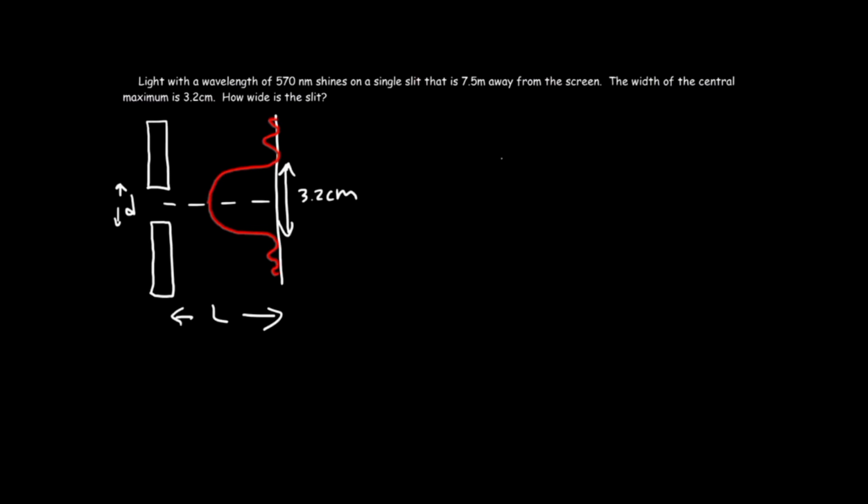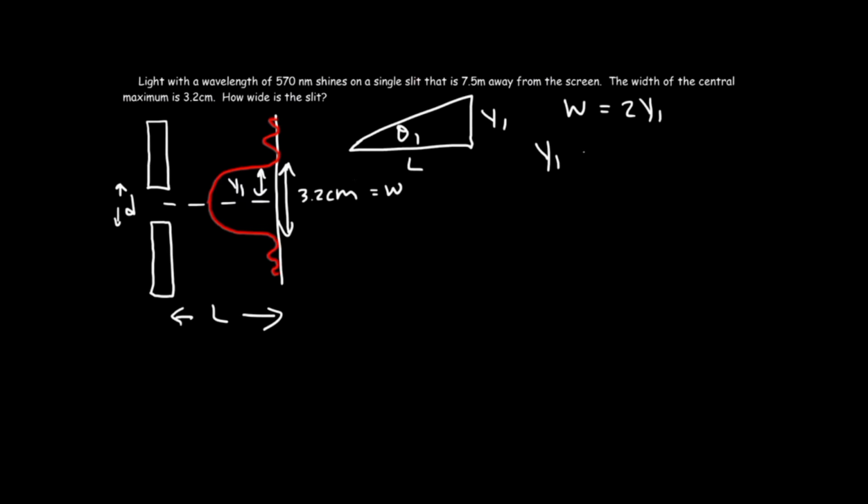So if we draw a triangle, this is y1, L, and theta 1. The width of the central maximum is twice the value of y1. Therefore, y1 equals 1.6 centimeters, L is 7.5 meters, and lambda is 570 nanometers.